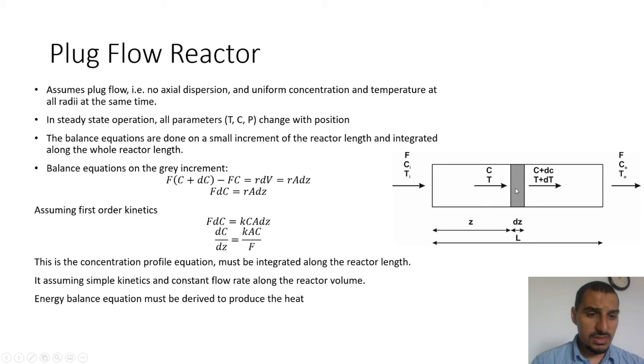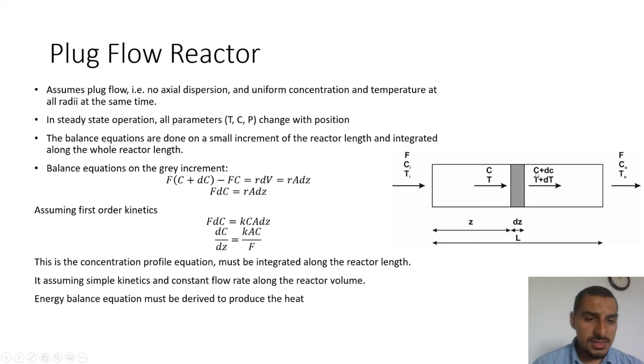And then we do the balance equations the same way we did for the CSTR. Assume that this is a small CSTR, and the volume of this increment is the area multiplied by dz.